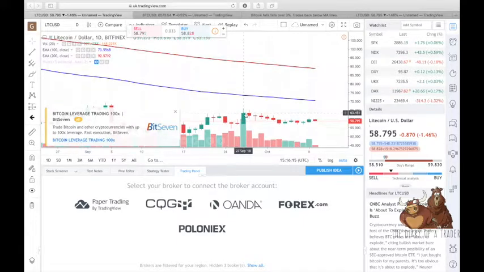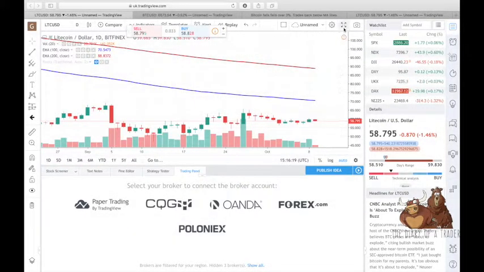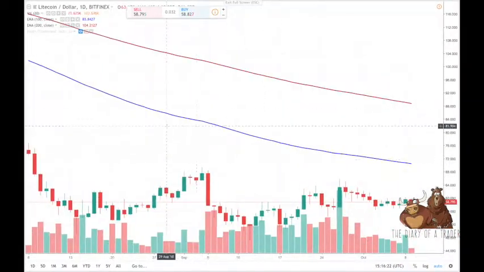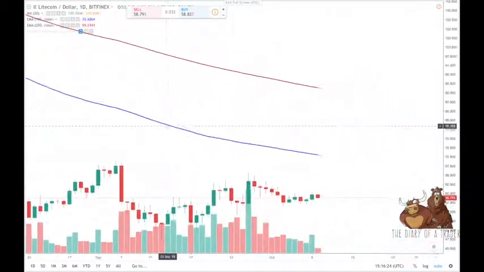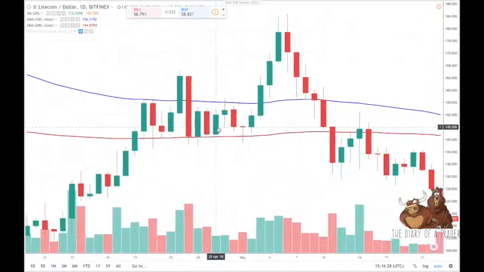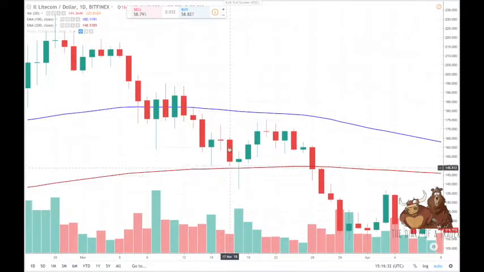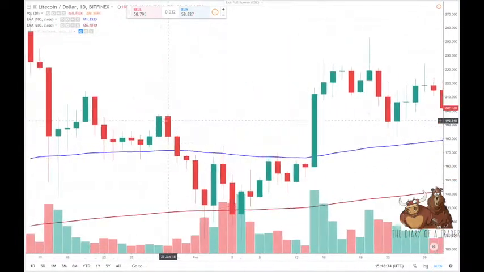So here's Litecoin, and you can see, as I pull up this chart, so I use this free software program to access the different markets, and you can see the way that the moving averages are respected. It's a very similar technical analysis to currencies.